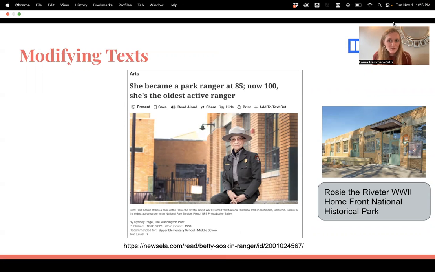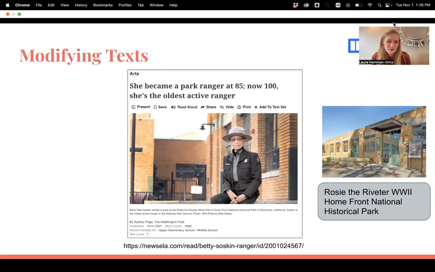And one amazing feature of Newsela is that you can modify text to different lexile levels that can be then differentiated to meet students' needs for students who are at different levels of English language reading proficiency. And so here's one example.